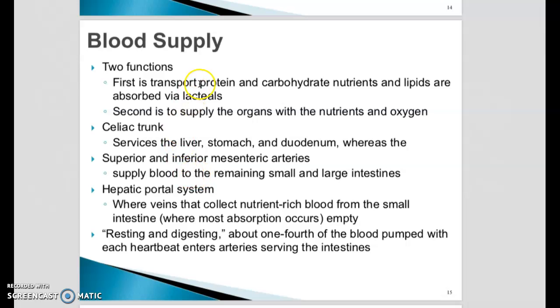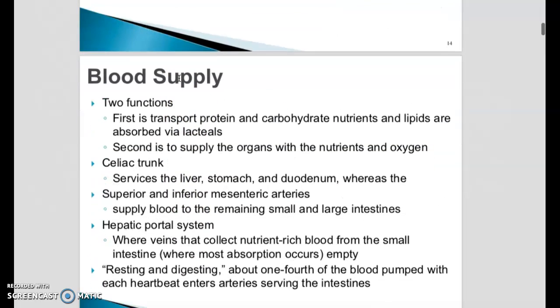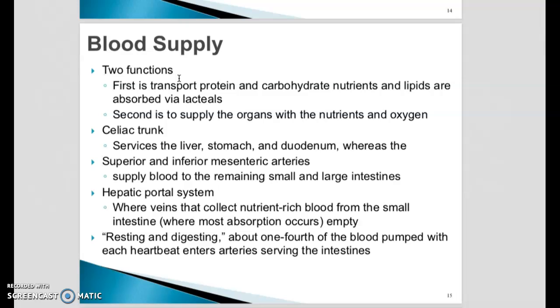When it comes to the blood supply of the digestive system, there are two functions. The first is to transport proteins and carbohydrates, and nutrients and lipids are absorbed by lacteals. The second is to supply the organs with nutrients and oxygen.